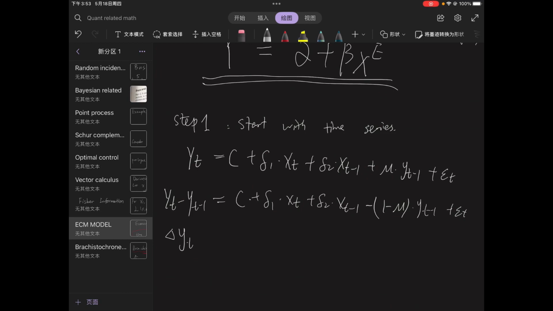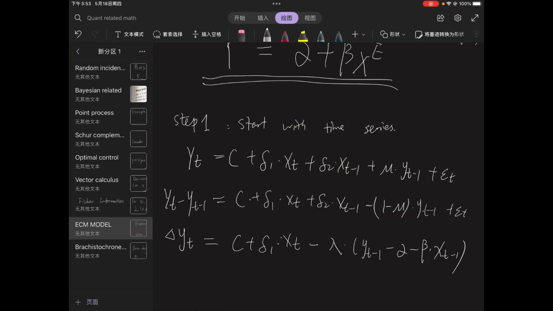Then the next step is the key thing. So here, let's copy the first two terms, times xt. Here, write as lambda times YT minus 1 minus alpha minus beta times xt minus 1.